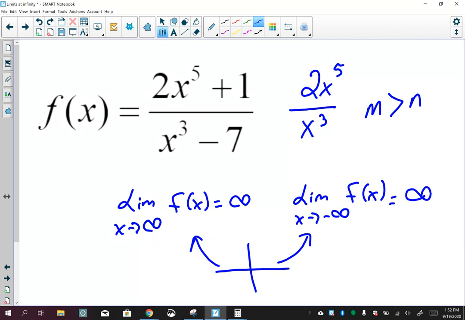And why does that make sense? Well, if I simplify this, I wind up with an x squared graph. An x squared graph is a parabola, and so in my parabola, I've got this U-shape. So I go off to positive infinity or off to negative infinity. Okay.